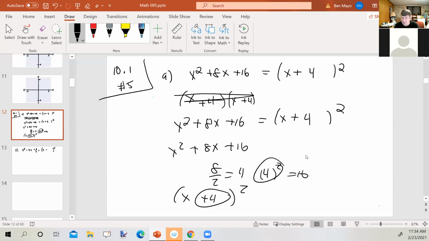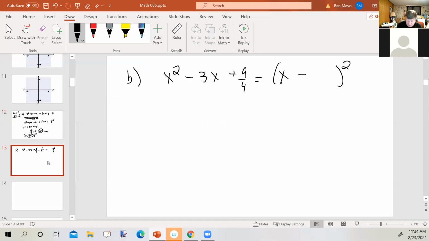Now, for this example, doing it the first way was probably easier, but let's take a look at the second example, this one. I could try and factor this, and it wouldn't be too bad. If it's a perfect square, well, the square root of 9 is 3, and the square root of 4 is 2, and we'd come up with that, and that would be correct. So really, that's not too bad.